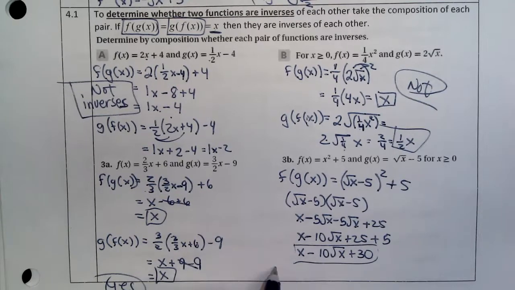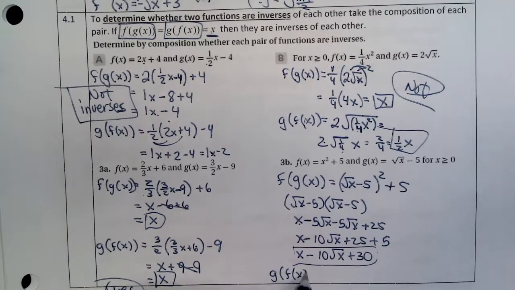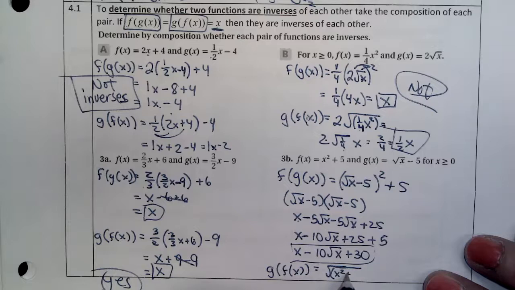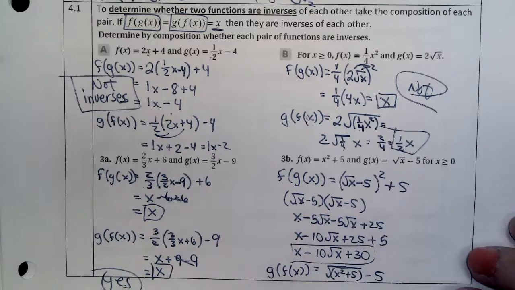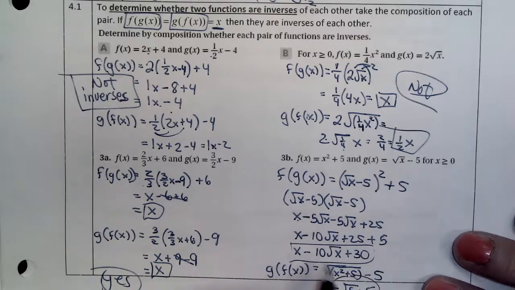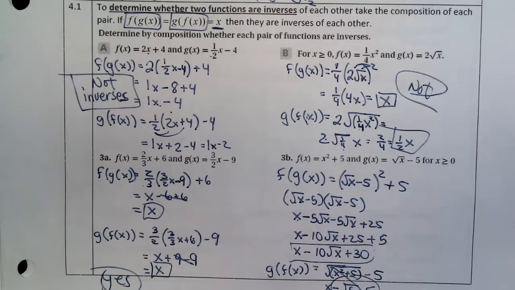So let's look at our g of f of x. So we're going to do the square root of x squared plus 5, and we're going to do minus 5. Well, the square root of x squared is x, but then we're going to have plus the square root of 5 minus 5. Well, those are never going to cancel, so we're not going to get x out of that.